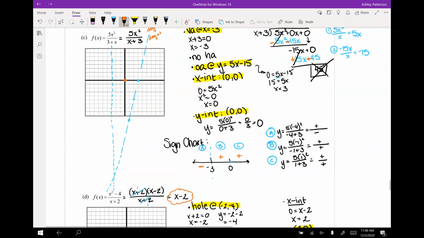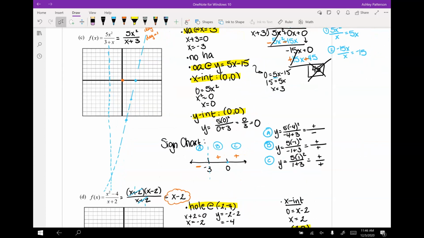Here comes the tricky part. Now, in order for us to exist to the left of that vertical asymptote, we are either here or here. Now, if we were up here, I would be shooting up and I would have to cross the x-axis.